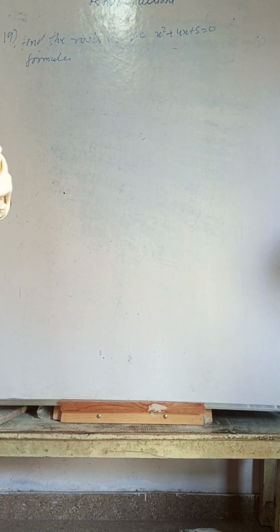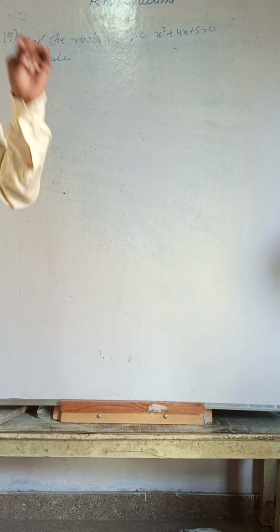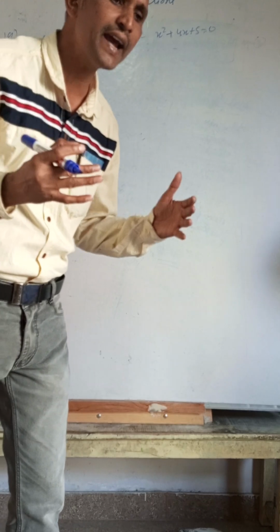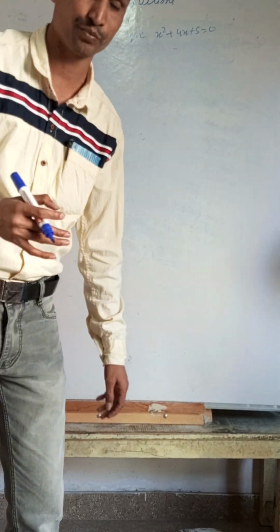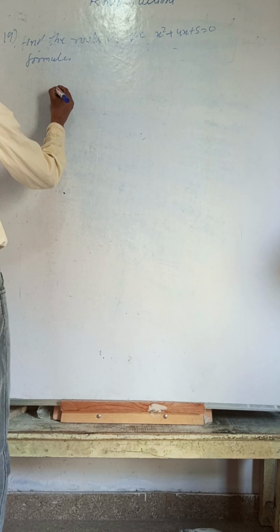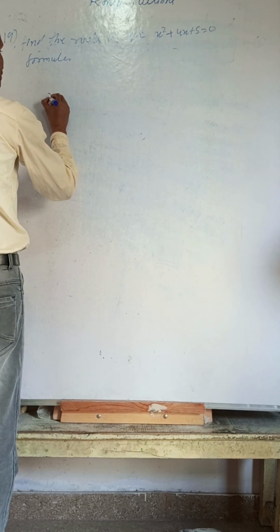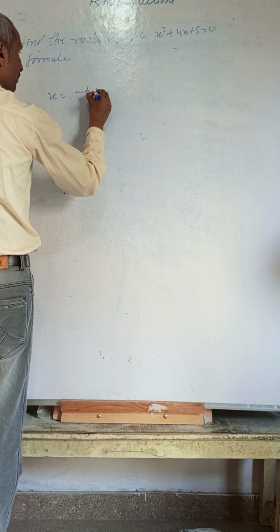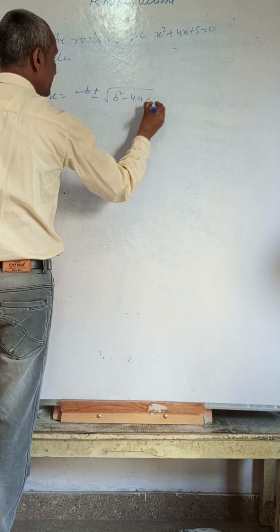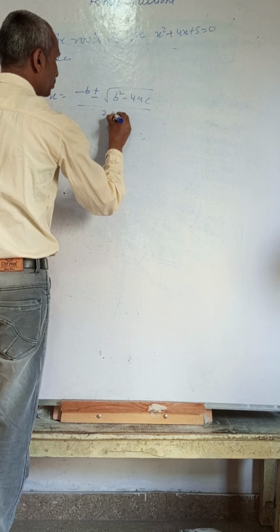How to find the roots of a quadratic equation by the formula? This is called the quadratic formula, and in India it is also called the Sridharacharya formula. x is equal to minus b plus or minus root of b square minus 4ac, all divided by 2a.